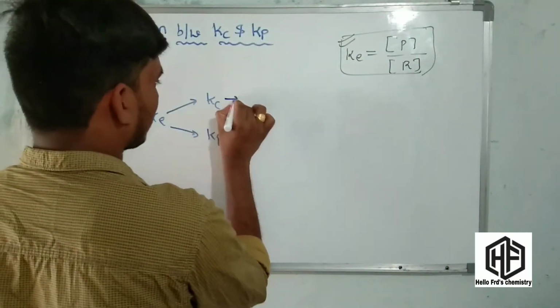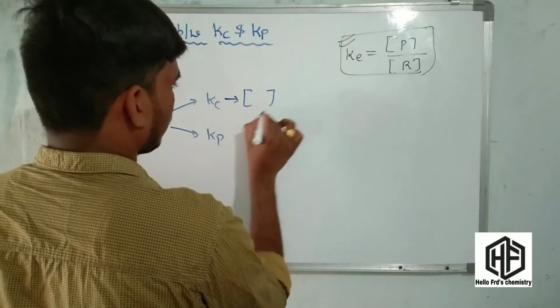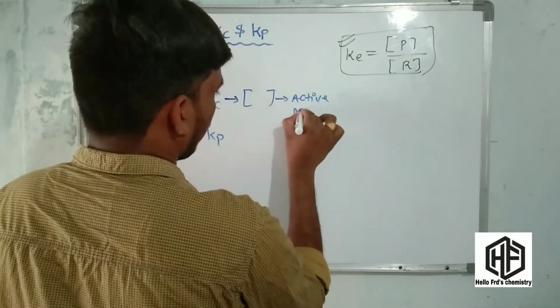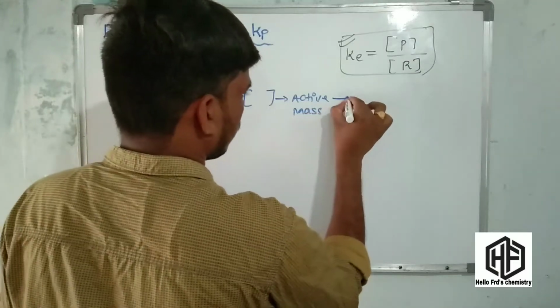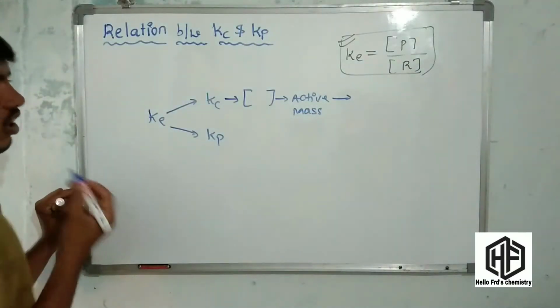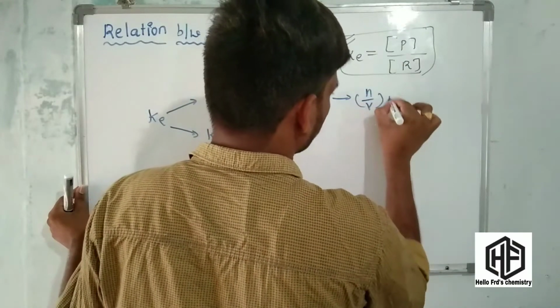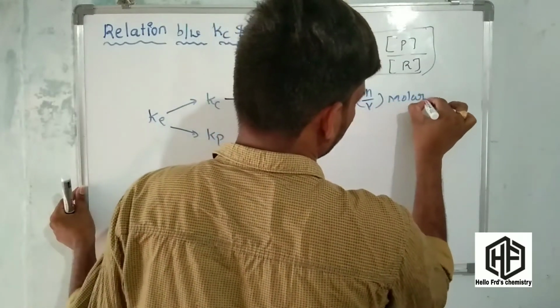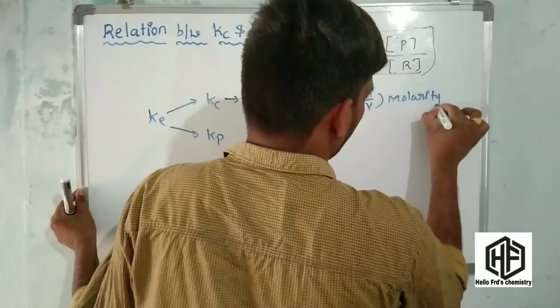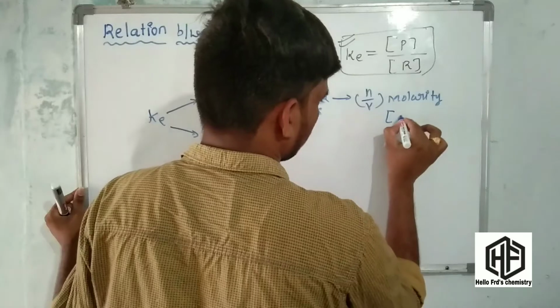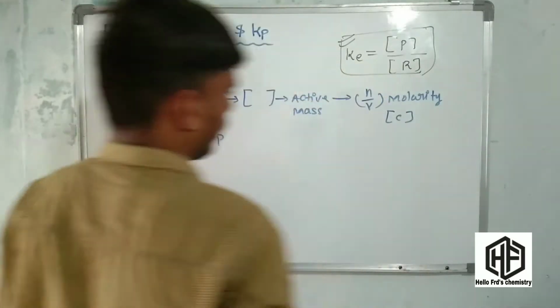Kc uses the active mass in terms of concentration, the number of moles per volume, which means molarity. This is called the concentration term.